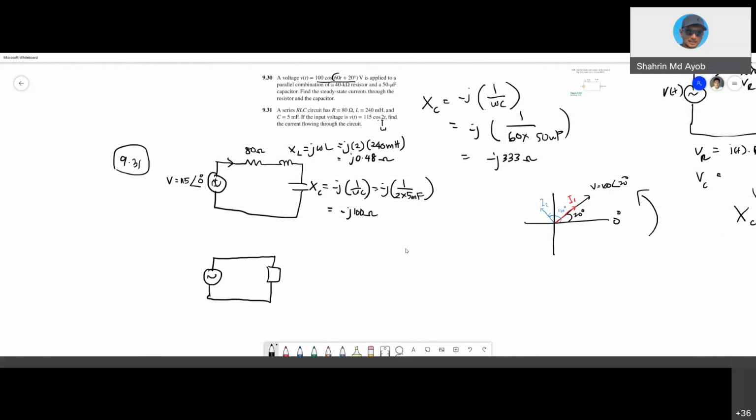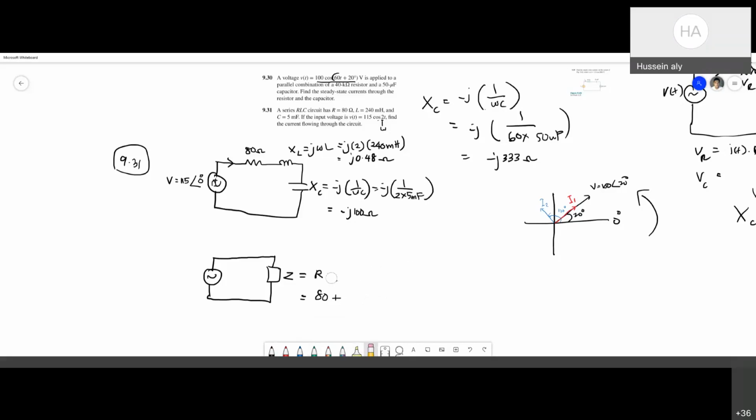Actually, this one is impedance, which is R plus jXL plus XC, right? So R is actually 80 ohm plus jXL is 0.48 and XC is, sorry, I think this one might confuse you.